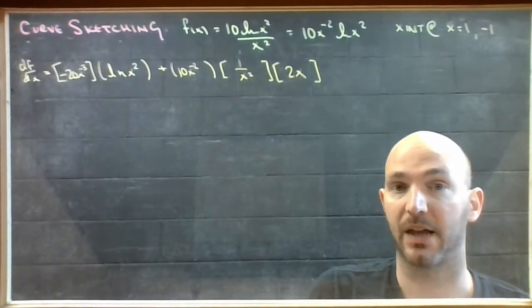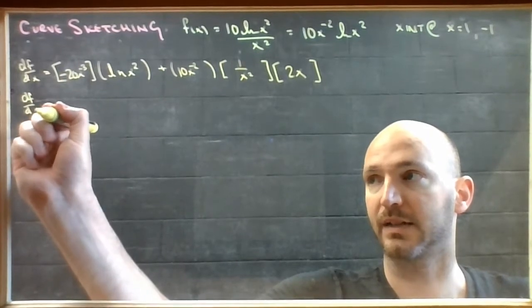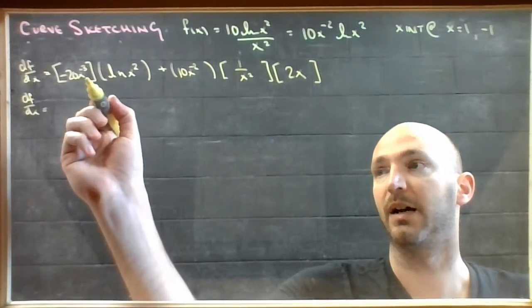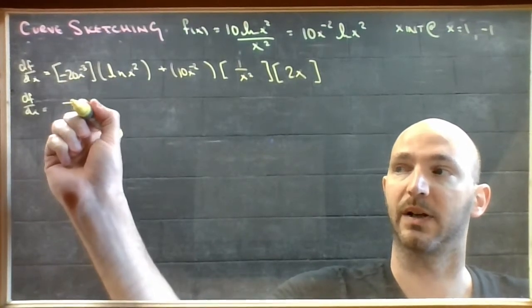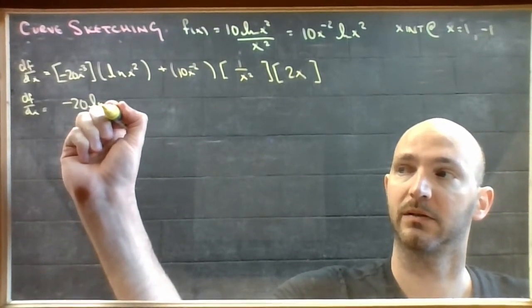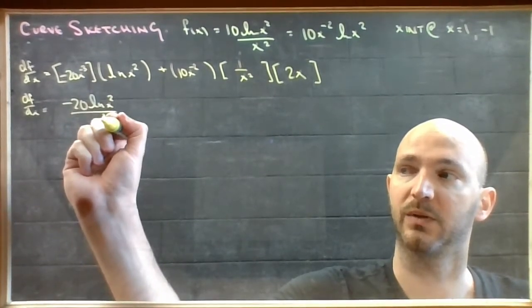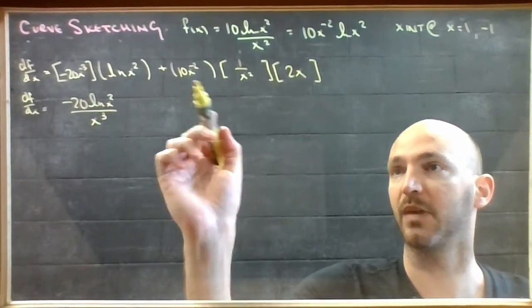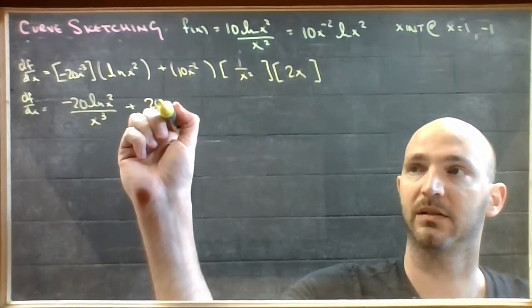So we're going to have to gather up some terms here. df by dx is, I'm going to put this into fraction notation, so I have negative 20 ln x squared divided by x cubed. And in this term, I have 2 times 10, which is 20.